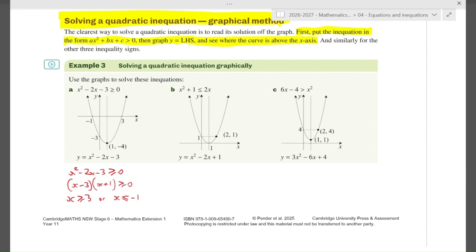If I make that minus 1, if I had x greater than minus 1, that means I could have 0 in there.